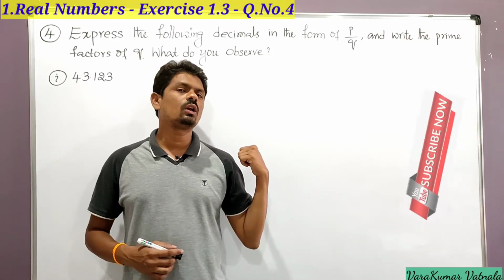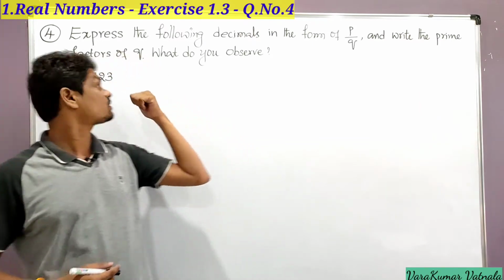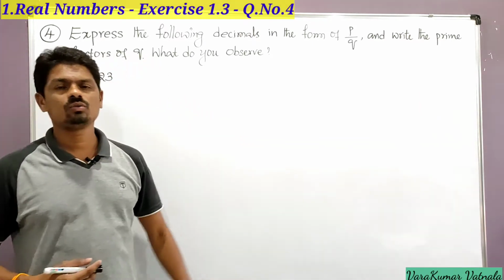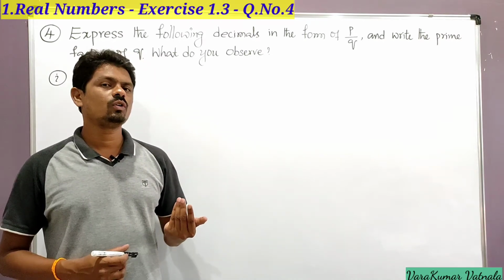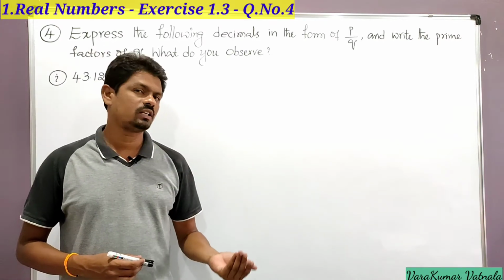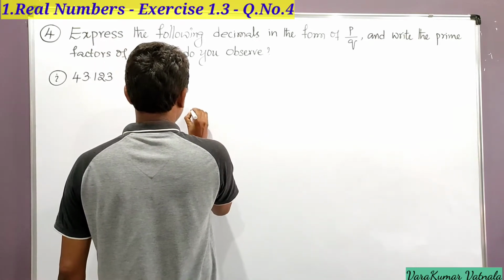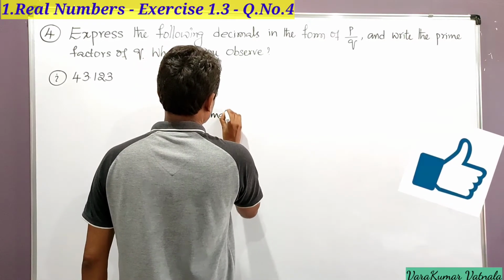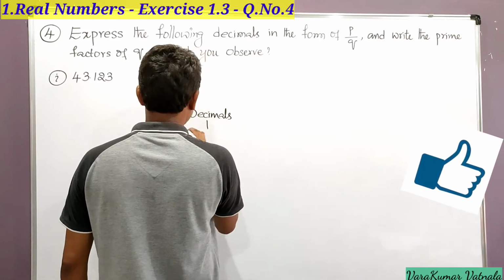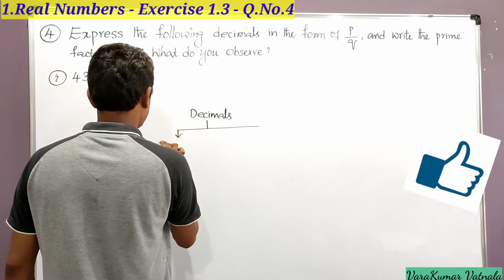So there are totally 4 bits in the fourth problem. So this is the first bit, 43.123. How to solve one by one. So before that, student, we must have a clear idea about the decimal forms. See here, decimals are of two types: terminating decimals and non-terminating decimals.